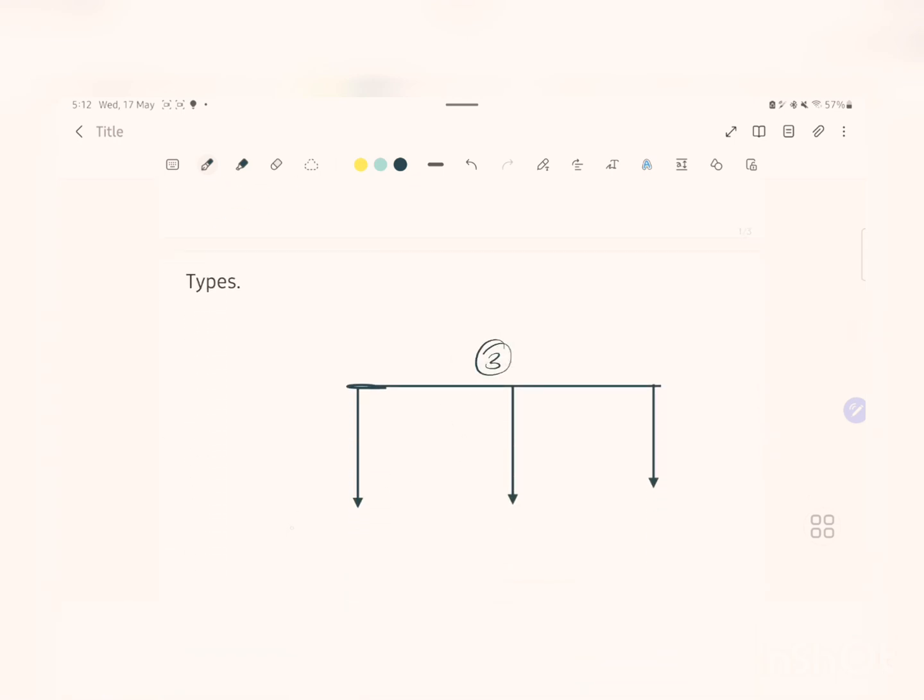First is spina bifida occulta. The second type is meningocele.